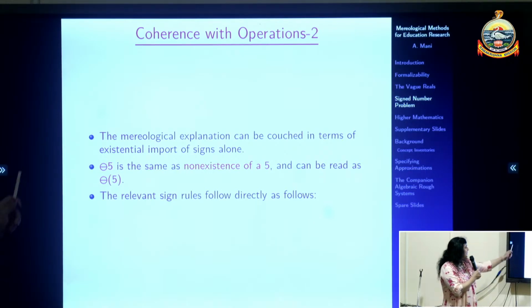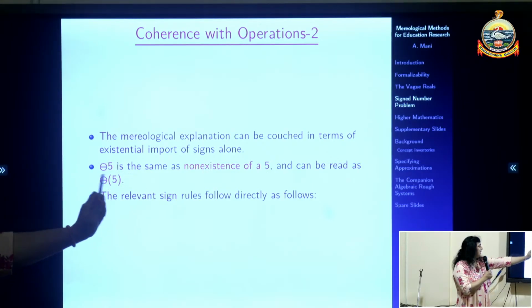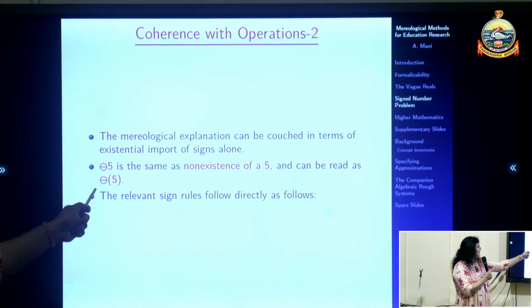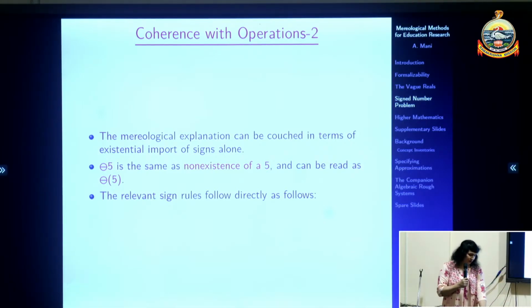The methodological explanation can be couched in terms of the existential import of signs alone. -5 is the same as the non-existence of a 5 and can be read as this. The relevant sign rules follow directly as follows.